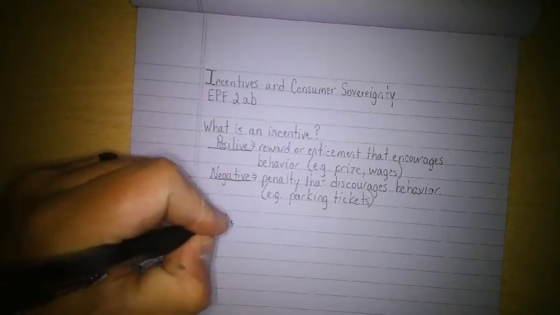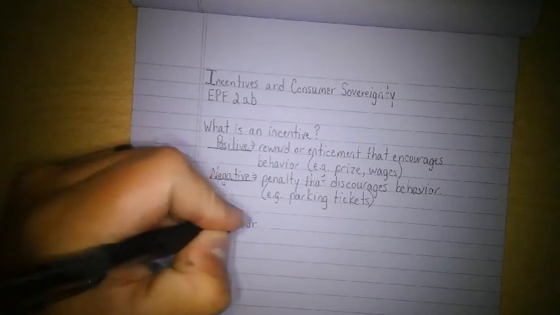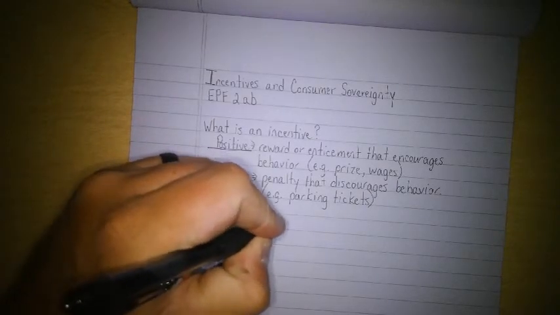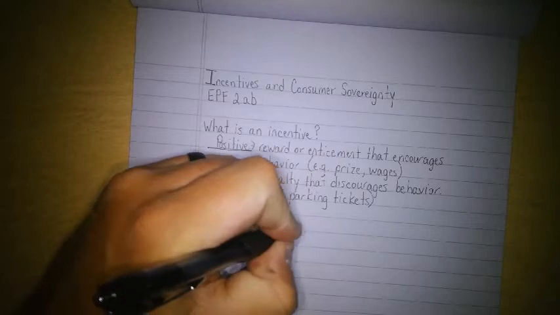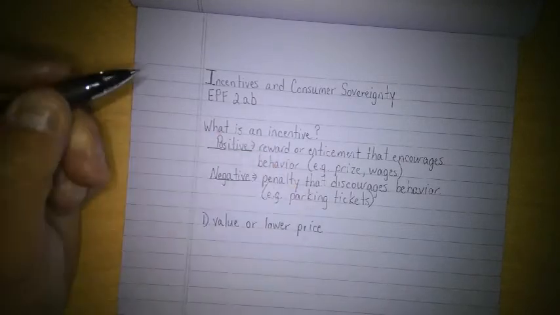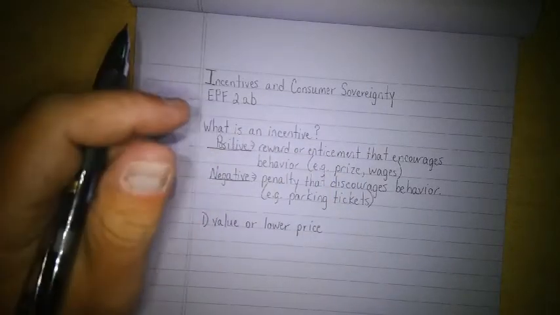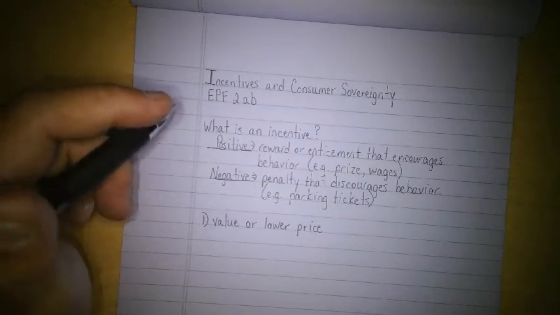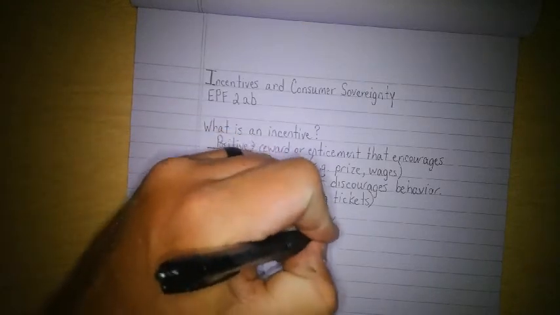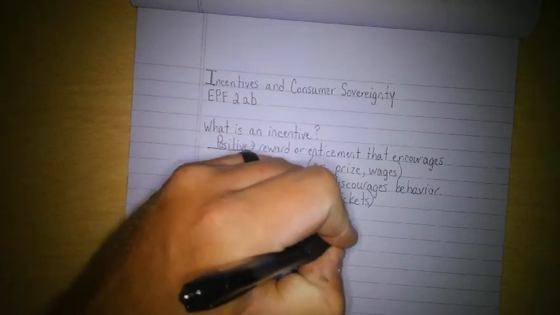Value or lower price. And I'll explain these after we write them out. Actually, I'm not even going to write incentive. I'm just going to put value and or a lower price, and in parentheses I'm going to write the word consumer.